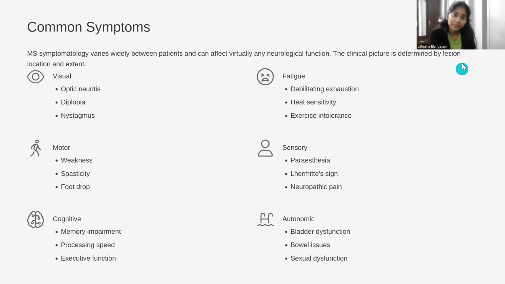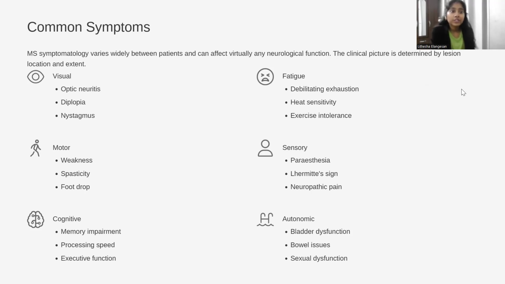Some of the common symptoms: obviously this involves the neurological system, the nervous system of the body, so it will affect the nervous parts of your body. That would mean your sensory parts, so visual, your motor, your feelings, and some more of that. The first one we have is visual. It can cause visual disorders because this can cause a disruption to impulses that go from your eyes.